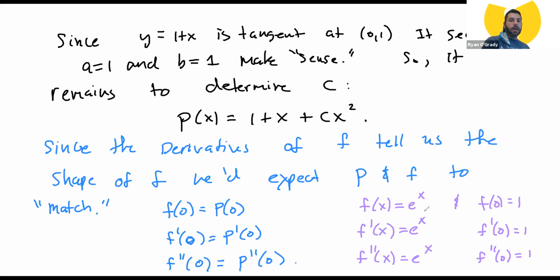What I'm doing is reminding you what the function is, what its derivatives are, and what the values are at 0. So now let's look at the corresponding things for P.